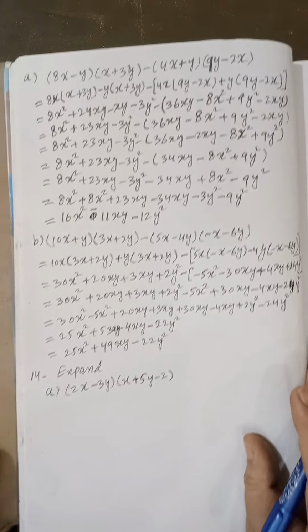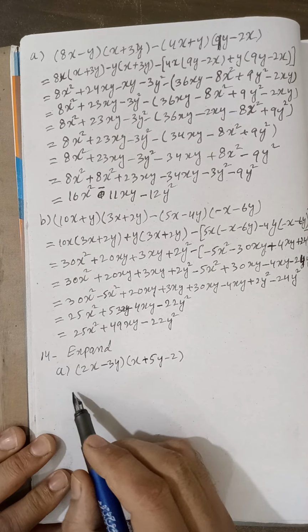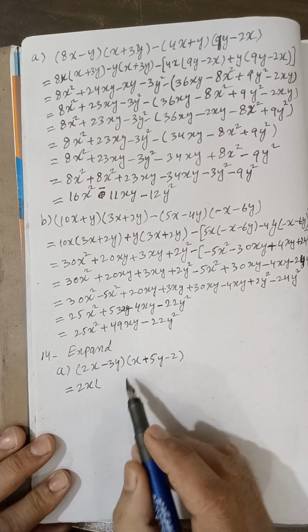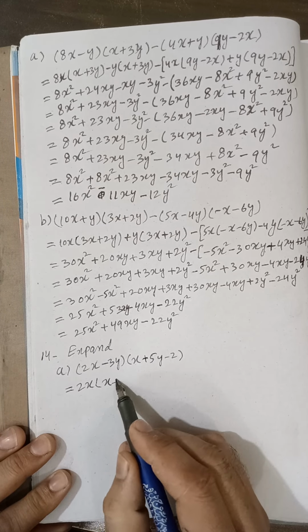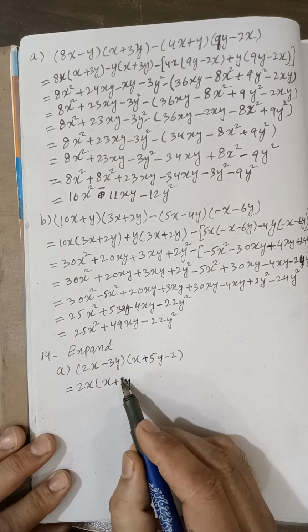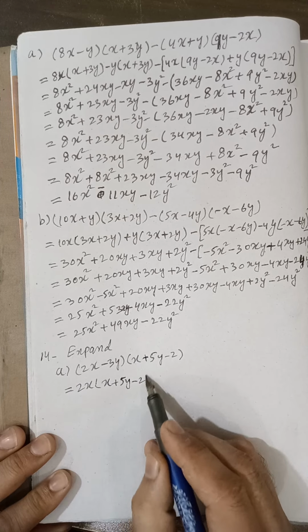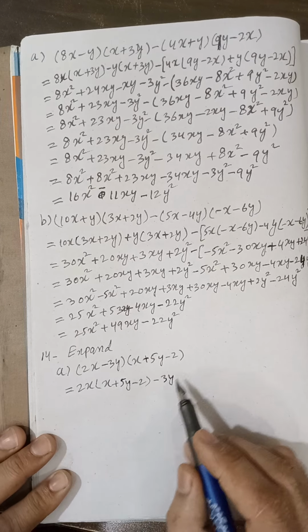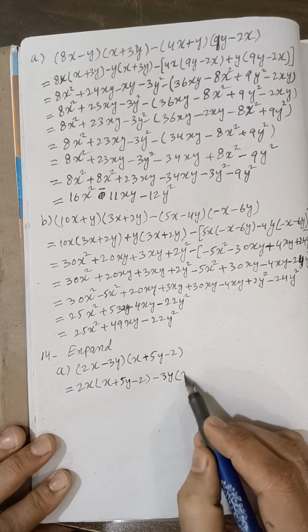I have to multiply these two terms. Quite a simple question. See here, write 2x here and the whole of this term inside the bracket. No matter how big it is, this minus 3y here, this minus 3y here, and again the whole term inside the bracket.